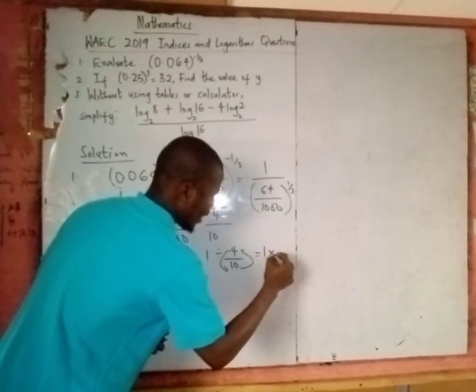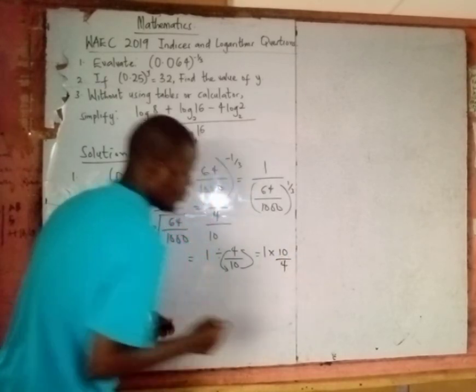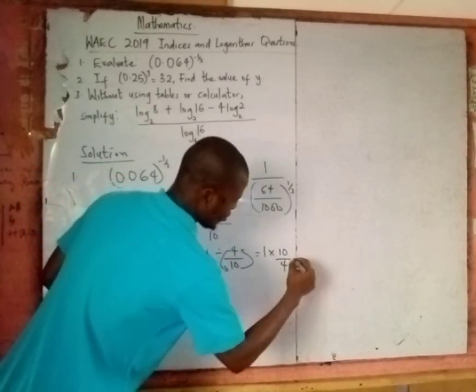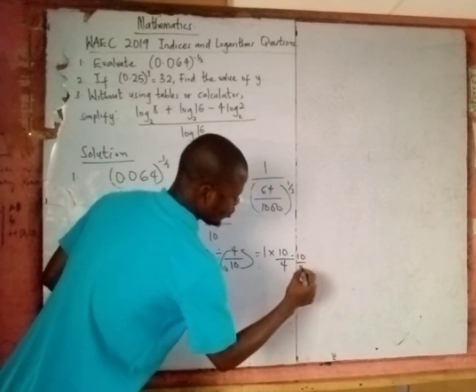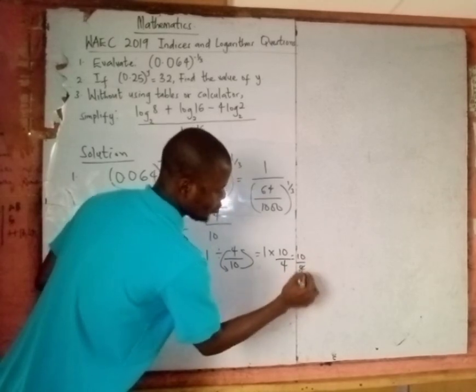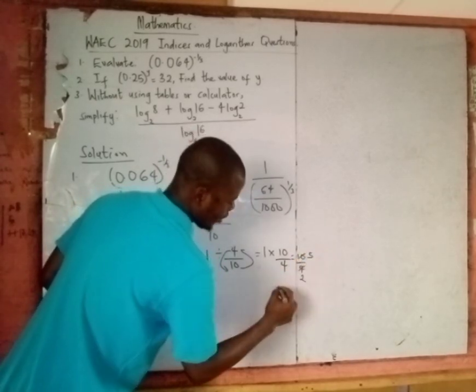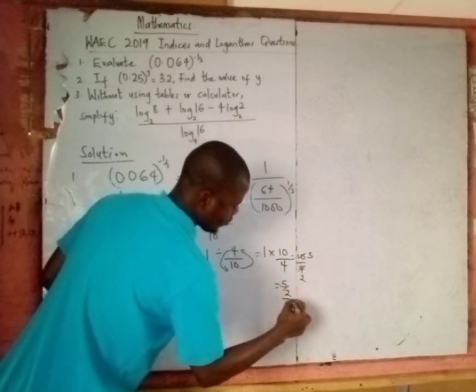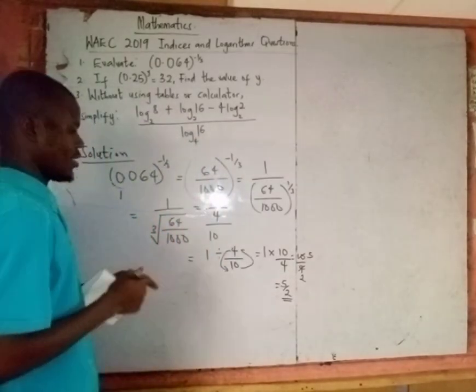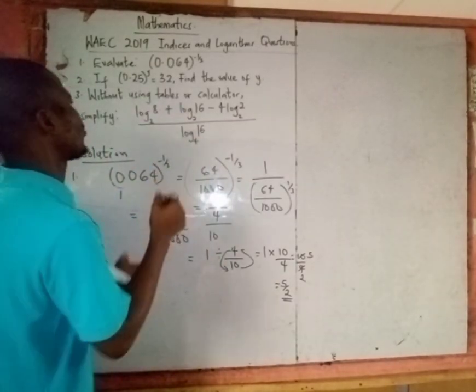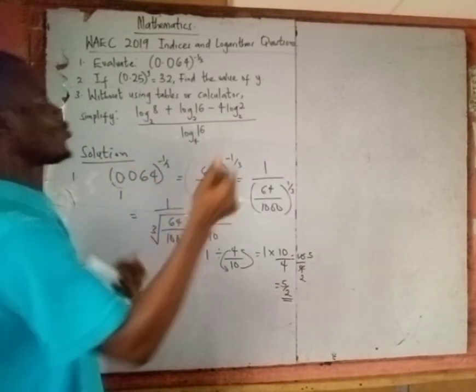So it gives us 1 times 10/4. Simplifying 10 over 4: 2 into 4, and 2 into 10 is 5. So the answer is 5 over 2. That is the solution to question one.